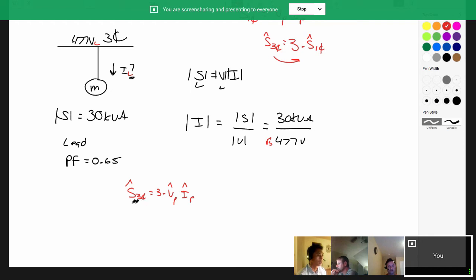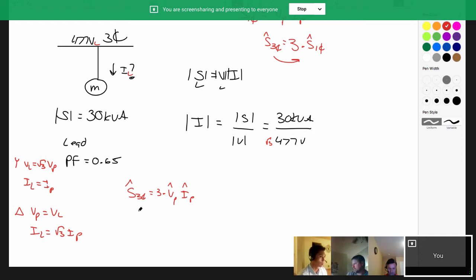If it's a delta, my phase voltage equals my line voltage, but my line current equals square root 3 times my phase current. And if it's a Y, my line voltage equals square root 3 times my phase voltage, and my currents are one and the same.